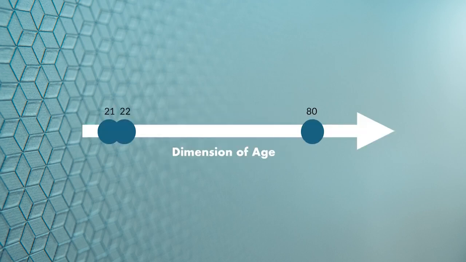Imagine that I surveyed 3 people, one with 21 years old, another with 22 years old, and the third person with 80 years old. It is quite clear how to group them into 2 clusters, right? The 2 youngest will go into one group, one cluster, and the oldest will go into another group.